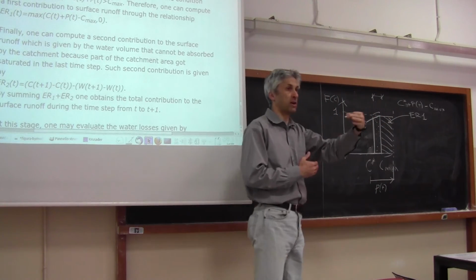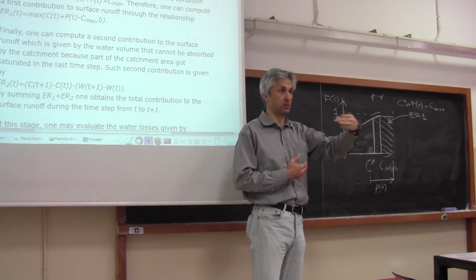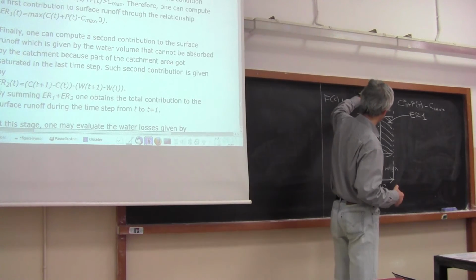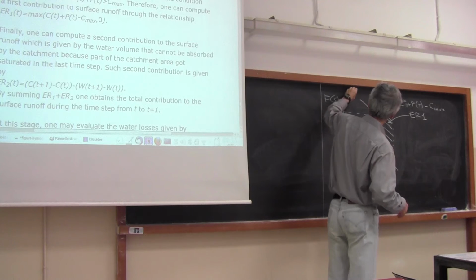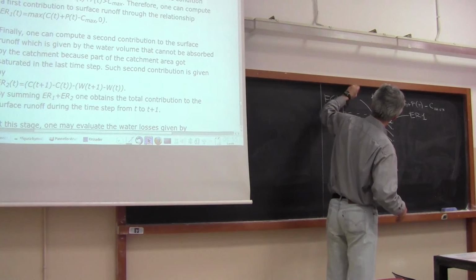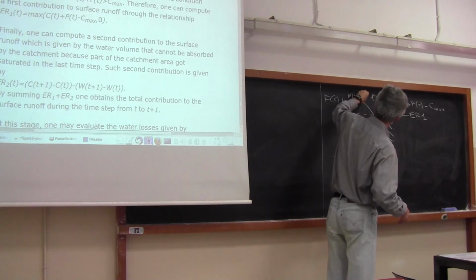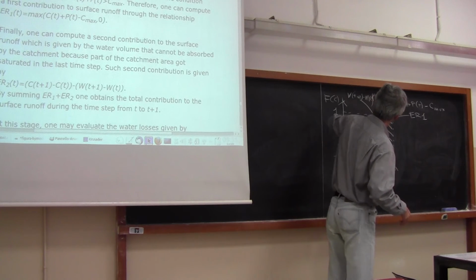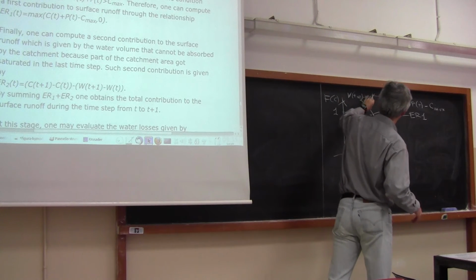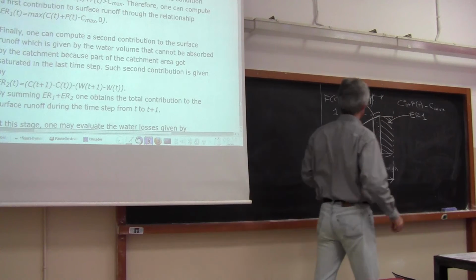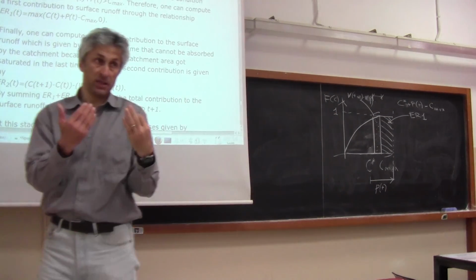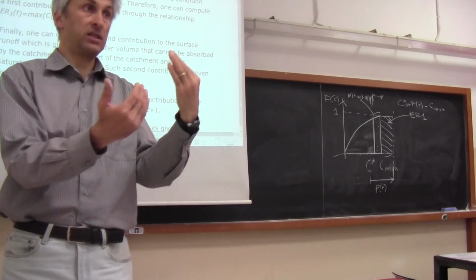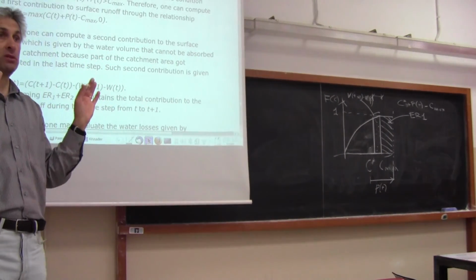Because CT plus 1 is Cmax minus C star, so it's this quantity here, minus the storage, and this is WT plus 1 minus WT. So you see that by summing ER1 plus ER2, you get any possible case.